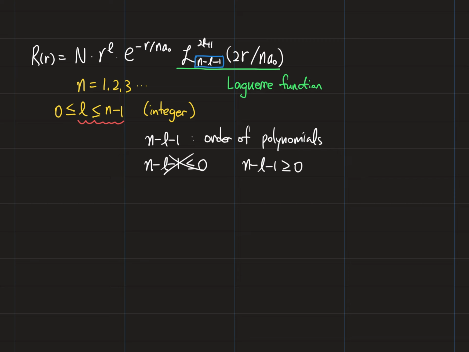That's why we have such a maximum bound for the quantum number l. So quantum number l could not be greater than n minus 1. This completes the restrictions on quantum numbers.